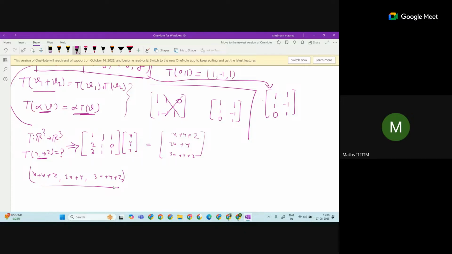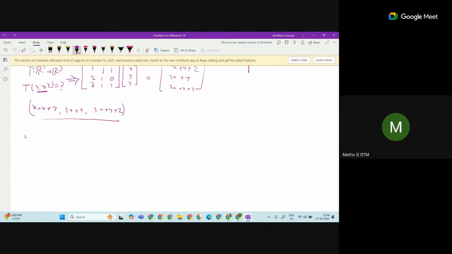Now there is an inverse term of it, and there is a composition also. So for composition, let's say I have a linear transformation T from R2 to R3, and another linear transformation S from R3 to R2.